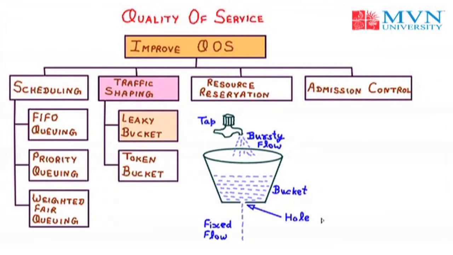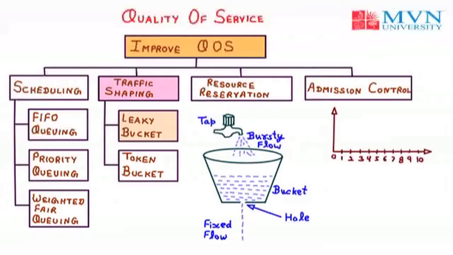Now compare it with networking terms. For example, we can say the data is in bursty form. Let us draw a graph for that. Suppose we have a timeline on the x-axis and the data rate on the y-axis. I am going to divide the timeline into 10 parts: 0, 1, 2, 3, 4, 5, 6, 7, 8, 9, 10.